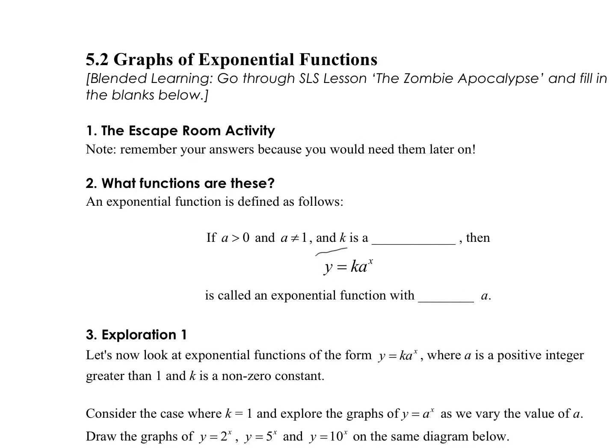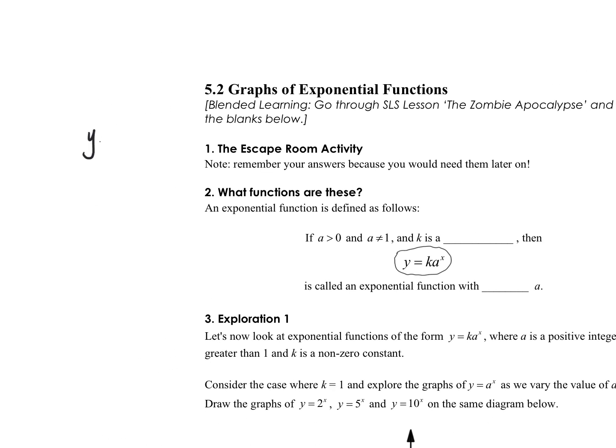So far, all the graphs that you have seen have x as the base number, and then you have different powers n here. So this one is the power, and x is the variable. But exponential is a bit different.